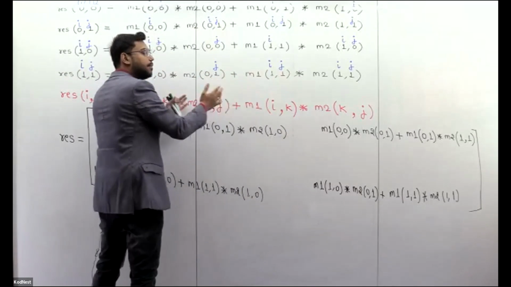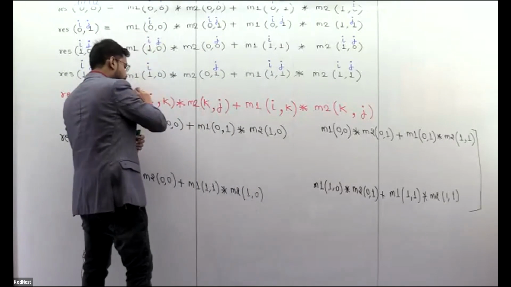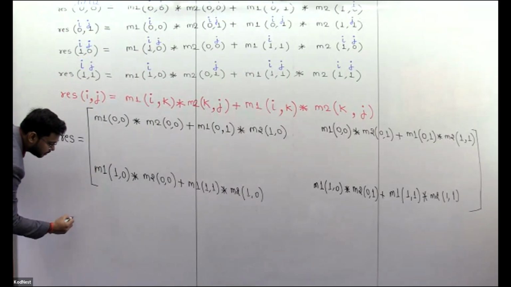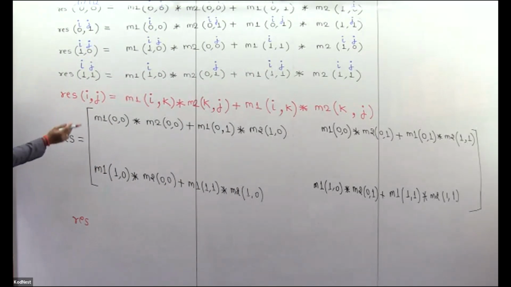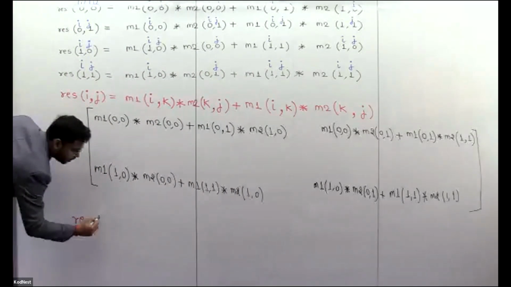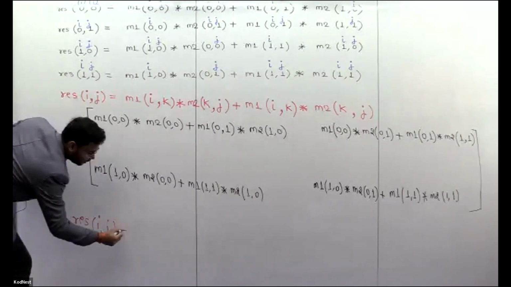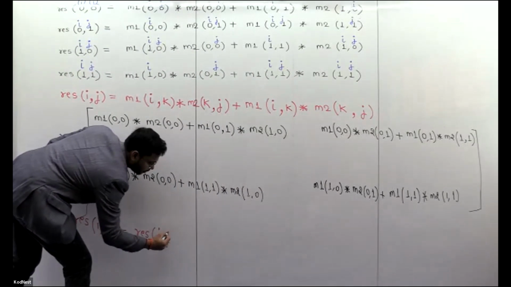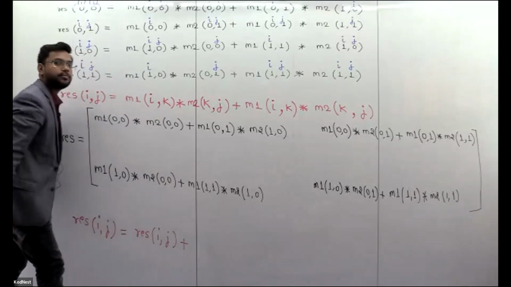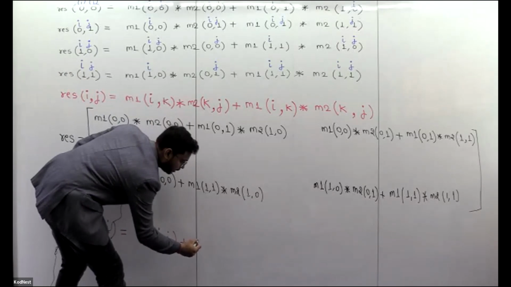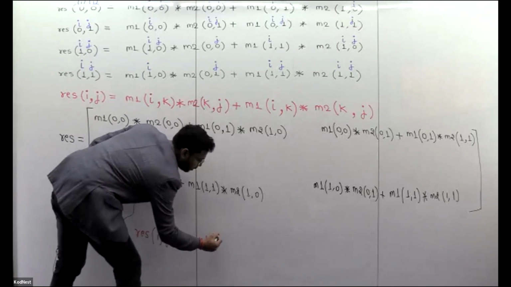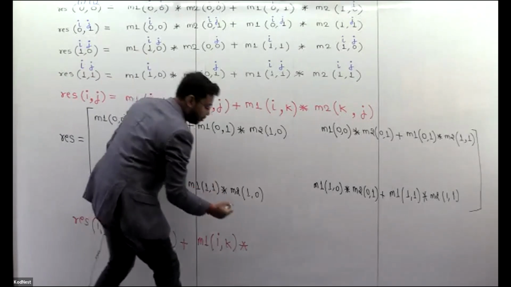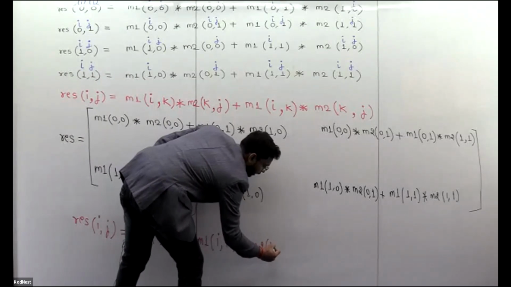So I can write the same formula like this: result of I comma J is equal to result of I comma J plus, I will write it only once, M1 I comma K multiplied with M2 K comma J.